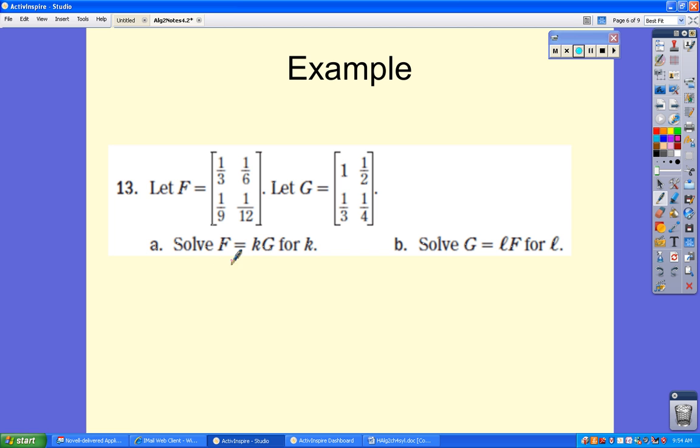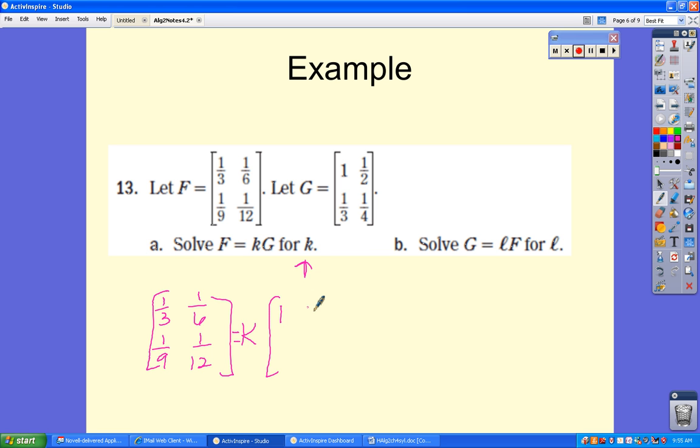Okay, this example, these are my favorite. We are going to solve F equals KG, and we're going to try to figure out what K is. So we're just going to plug things in just as it looks. F is 1/3, 1/6, 1/9, 1/12. K is what we're looking for. Equals, forgot the equal sign there.